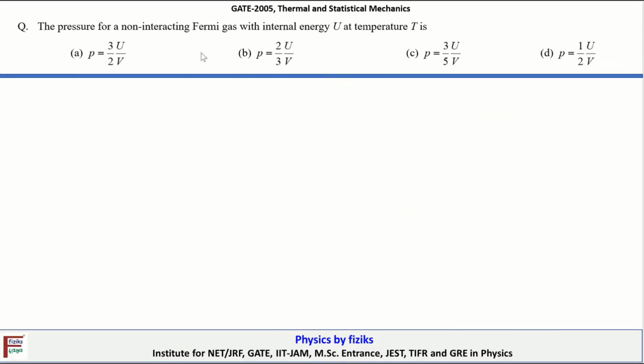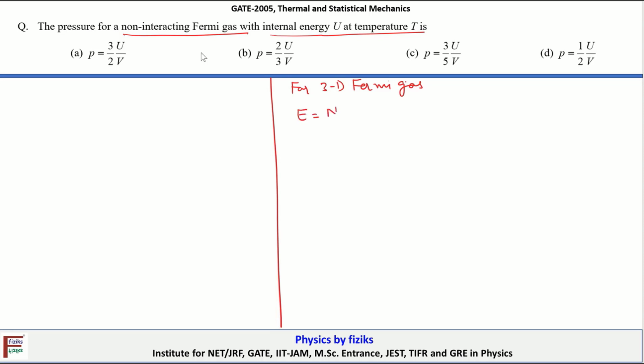Let's continue with the next problem. The pressure for a non-interacting Fermi gas with internal energy U at temperature T is. So when we talk about a 3D Fermi system, for a 3D Fermi gas, the total energy for such a system is given as n, the total number of fermions in the system, multiplied by the average energy per fermion.